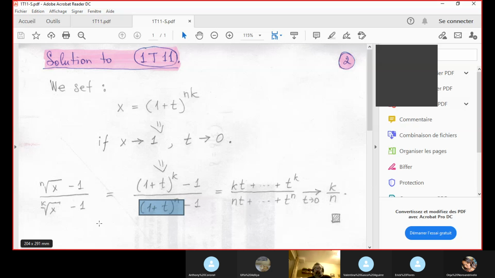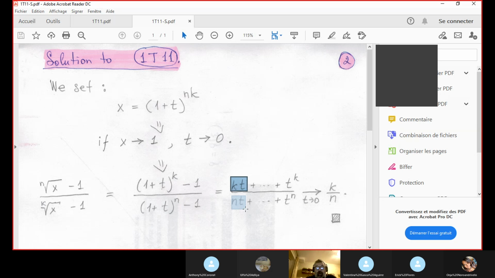Then, by the binomial theorem, in the numerator you will have something like this. So, no 1, because here we have something like -1. And in the denominator, we also have something -1. So no 1.